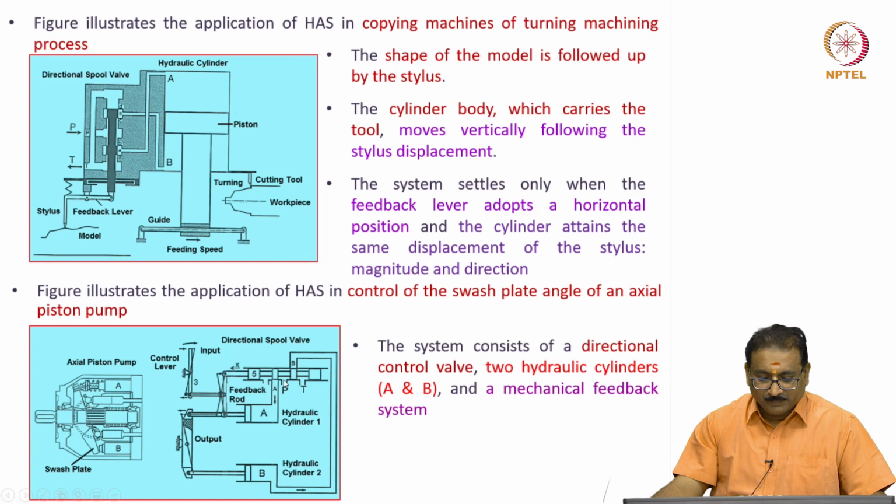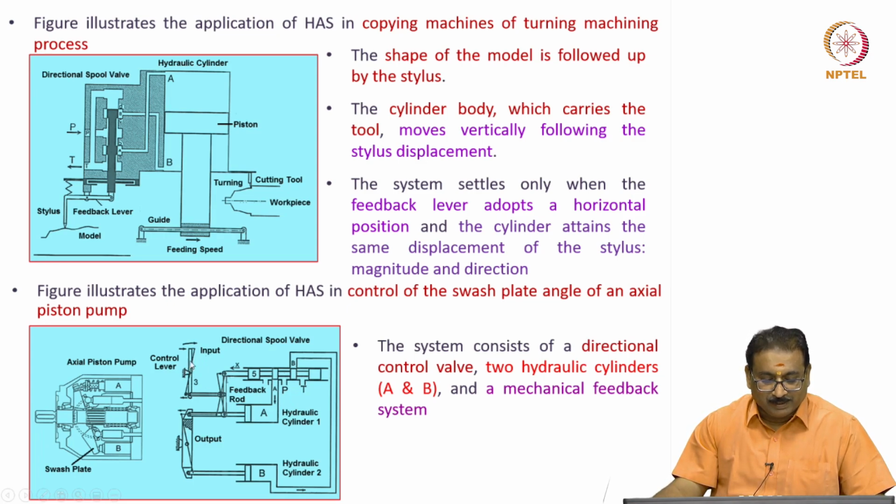Here you will see this is a directional spool valve, which is connected to hydraulic cylinder 1 and hydraulic cylinder 2, which in turn are connected to the output and the input. You will see here the lever to move the spool valve. Then what happens? It will follow the flow.